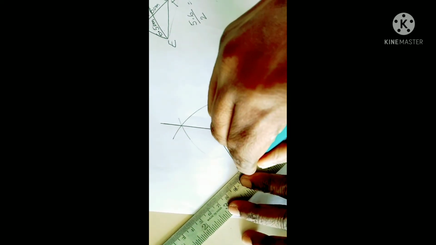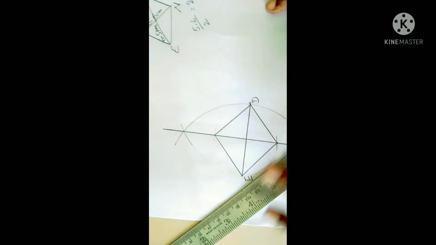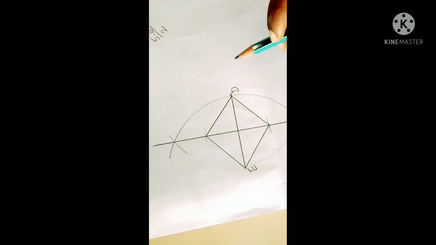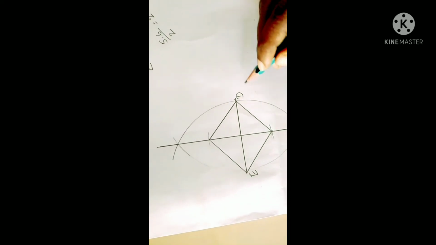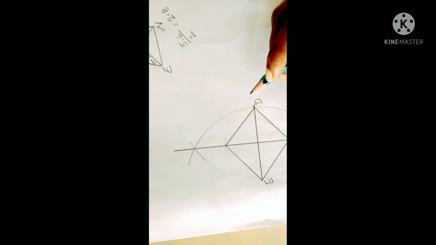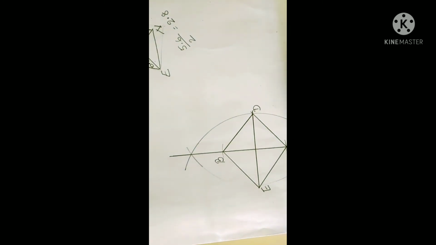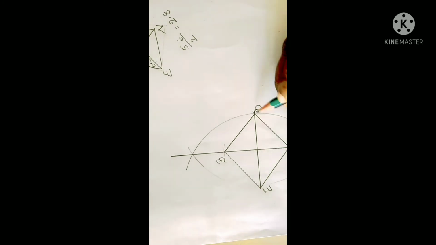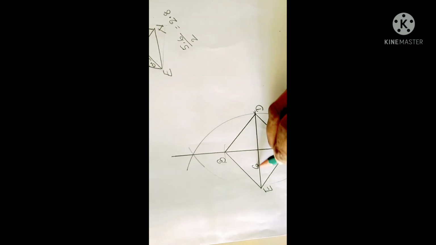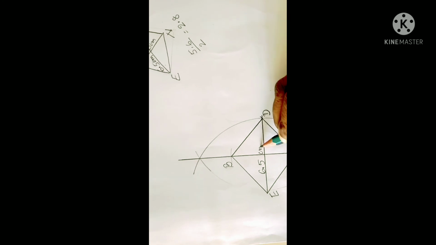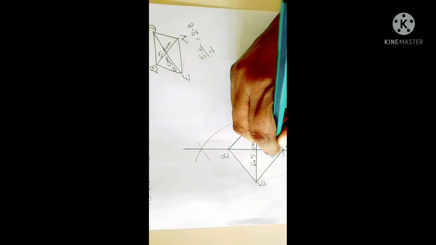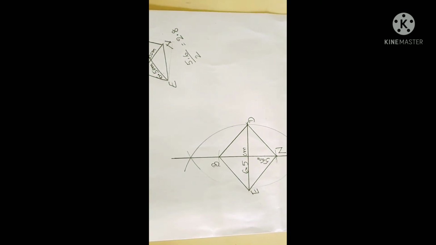Okay. Now, we have joined the points, and what is the name? BEND. So, this ED is 6.5 centimeter and this one will be 5.6 centimeter. See children, only two diagonals are given.